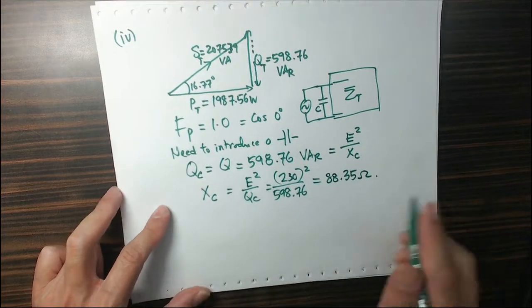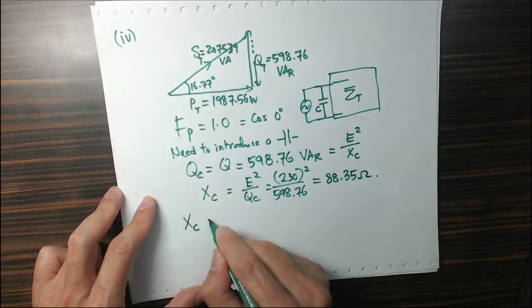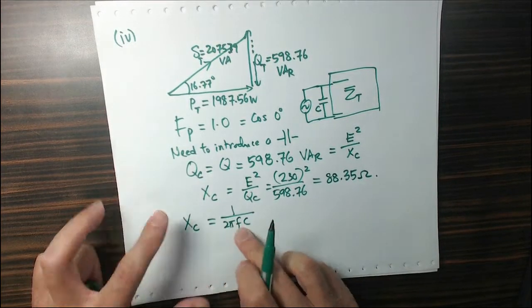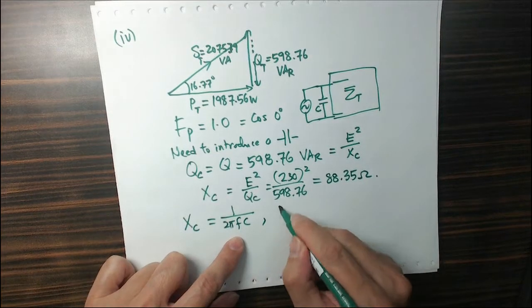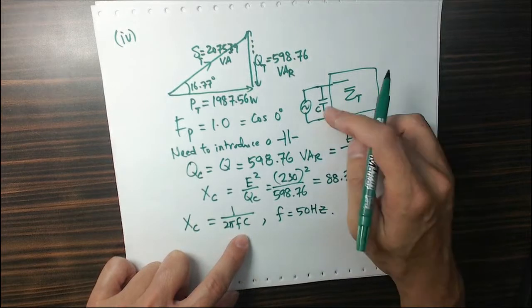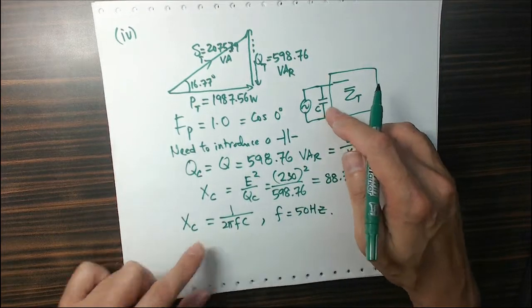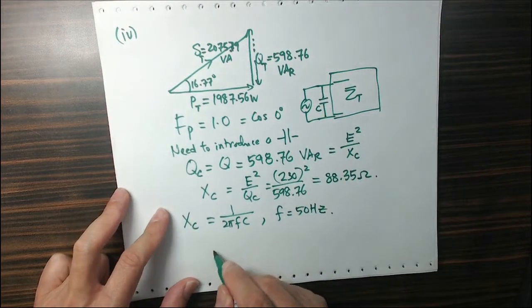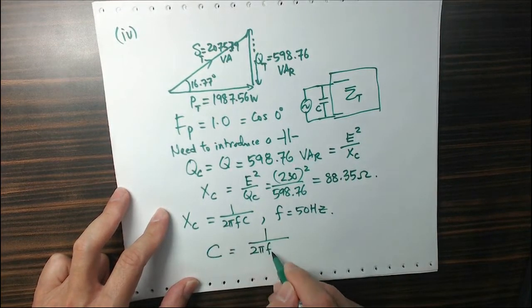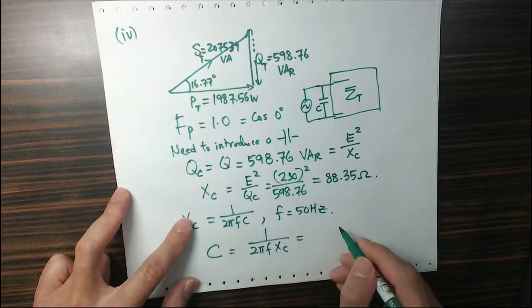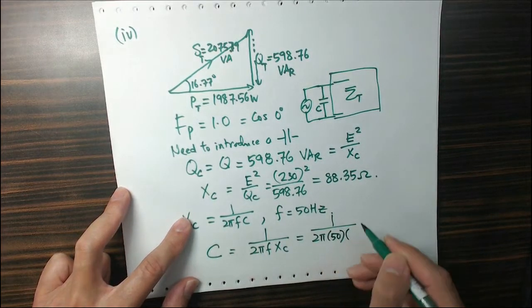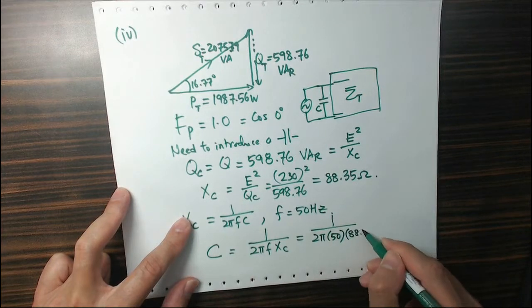However, we also know that Xc equals 1 over 2 pi F C, where F is the frequency, which we are given as 50 Hz, and C is the value of the capacitor we want to put here. Rearranging, C is 1 over 2 pi F Xc, which is 1 over 2 pi, put in 50 Hz and 88.35 ohm.